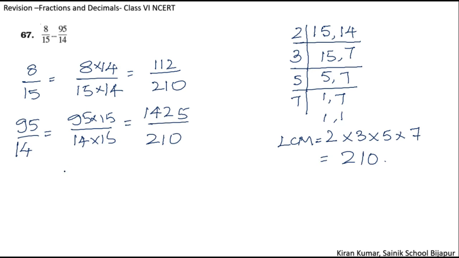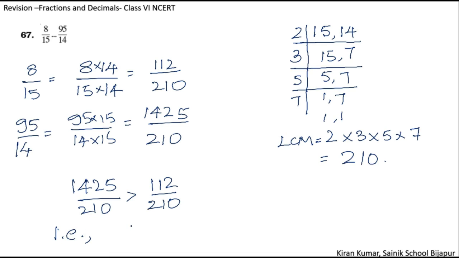So 8 by 15 is a small number because 1425 is larger than 112 by 210, that is, 95 by 14 is larger than 8 by 15. Here I need to use the symbol less than.